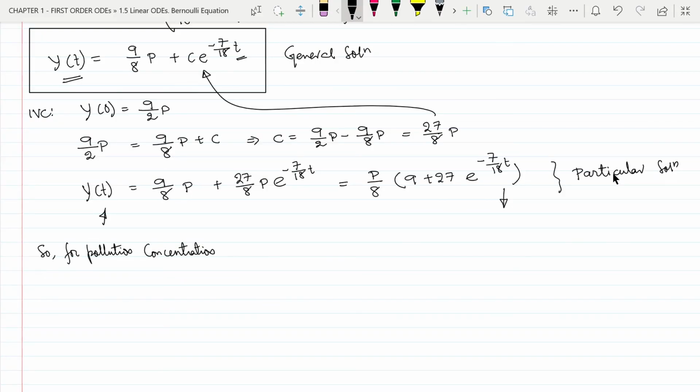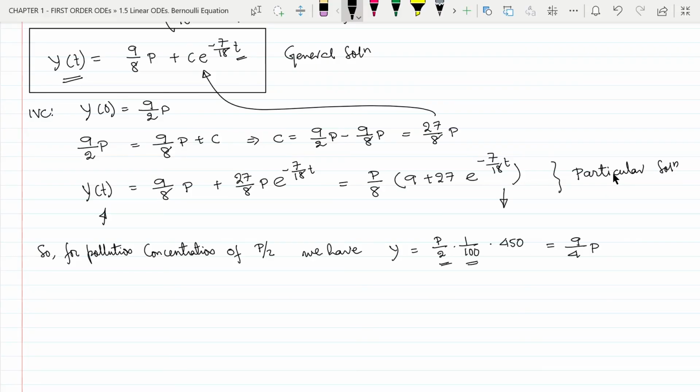So for pollution concentration of p by 2, we have y equal to p by 2 multiplied by 1 by 100 to convert the percentage into per unit, multiplied by the volume of the lake, which is 450. So this is the amount of pollutants corresponding to the pollution concentration of p by 2, and this is equal to 9 by 4p.